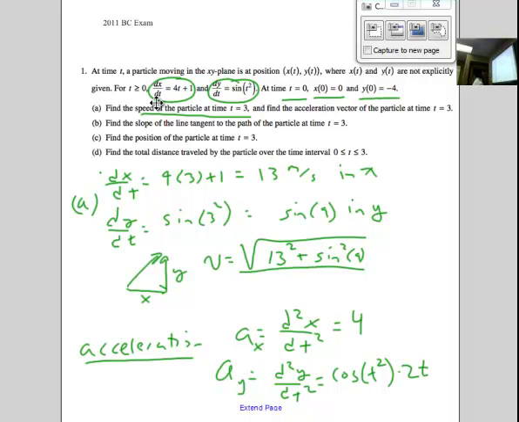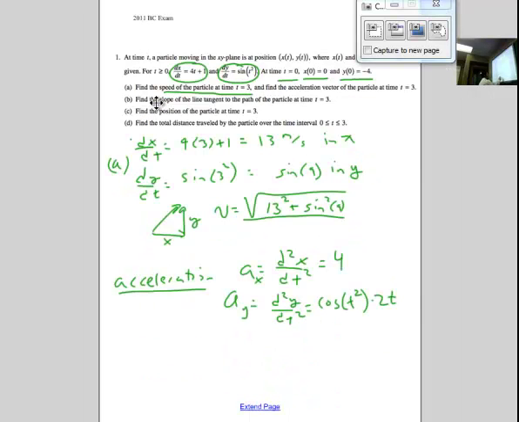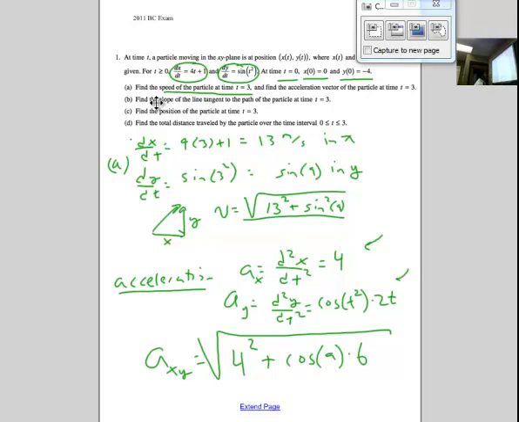So at 3 seconds, the acceleration is the sum of these two vectors evaluated at 3: 4 squared plus cos of 9 times 6, square rooted.